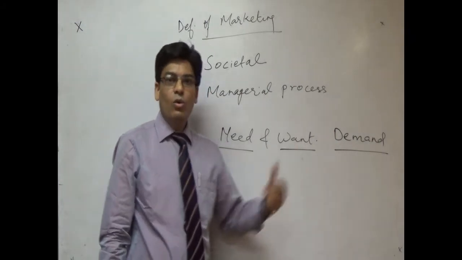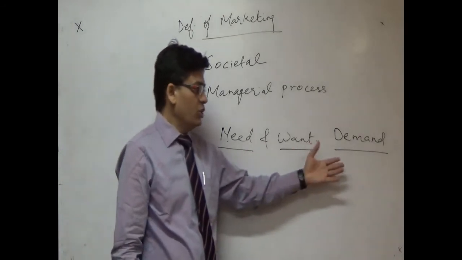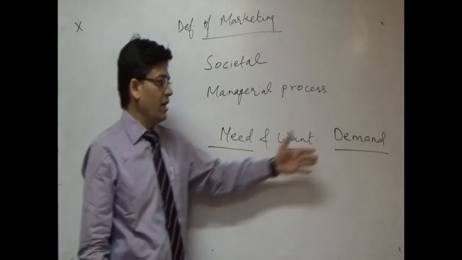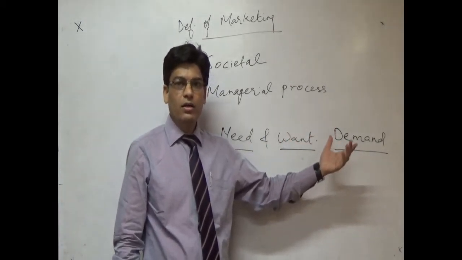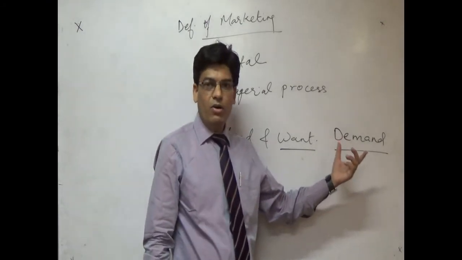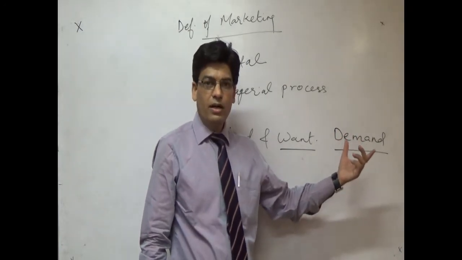Now, what is demand? Demands are the human wants that are backed by ability and willingness to pay. For example, if I want mineral water to quench my thirst, and I have money in my pocket to pay, this will add to demand.